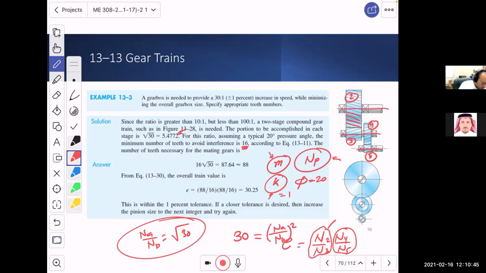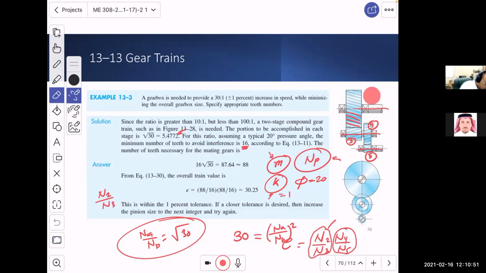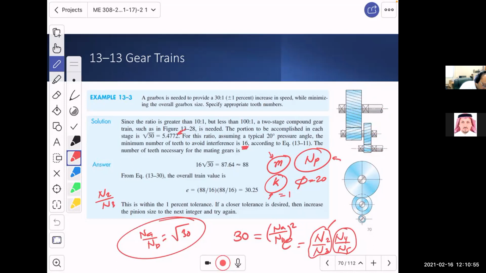And if NP is 16, then N2 over N3. Now look, guys, this is the smallest guide. So this is the pinion, and this one is the gear. When you found NP, it means you just determined the smallest number of teeth for the pinion.